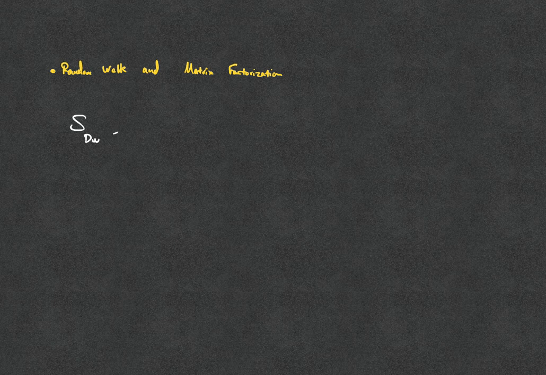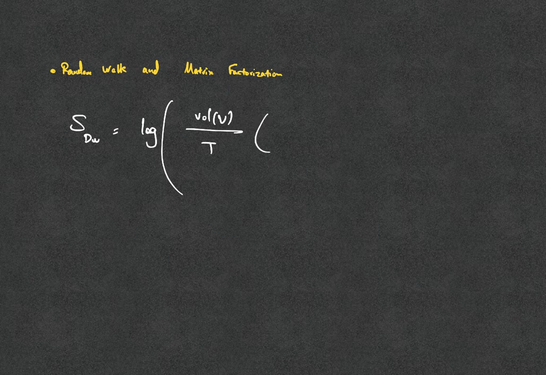Now we want to talk about the relationship between the random walk methods and matrix factorization methods. These two types of methods are pretty close to each other. And to see that, let's say first we define the following node-to-node similarity measure. So we have S, which is going to be the logarithm.